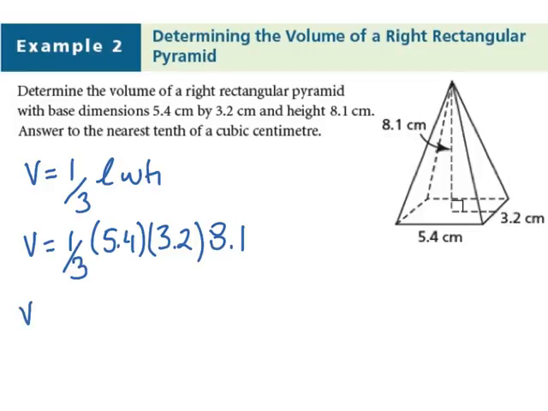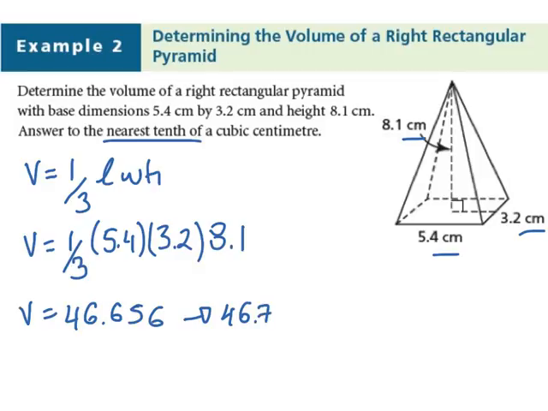And it turns out to be 46.656, which has to be rounded off to the nearest tenth, which is 46.7, and don't forget units, centimeters cubed. This is your answer. There are more shapes than just rectangular prisms or right pyramids.